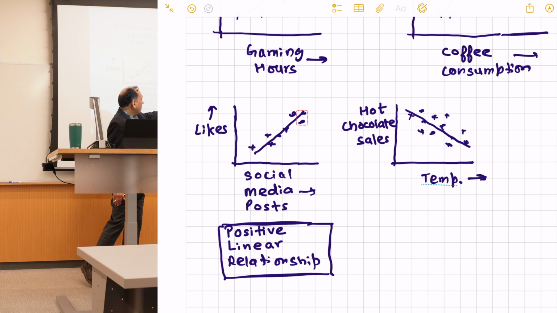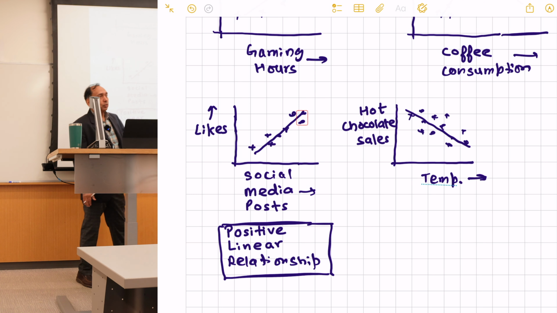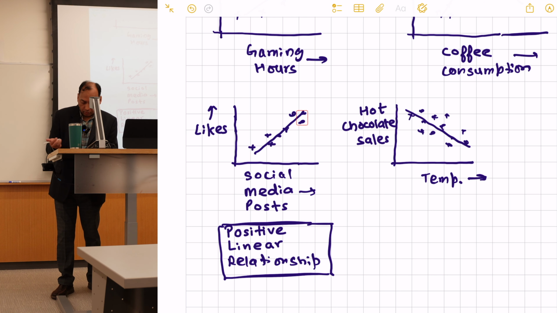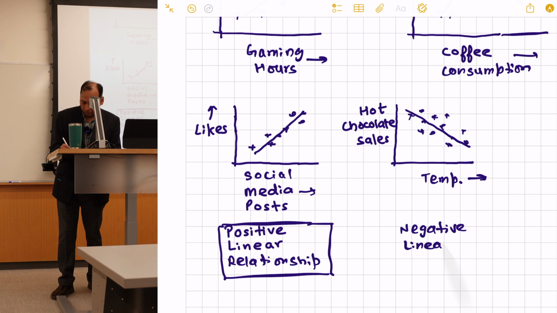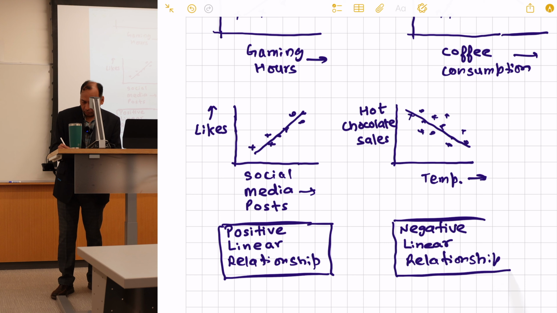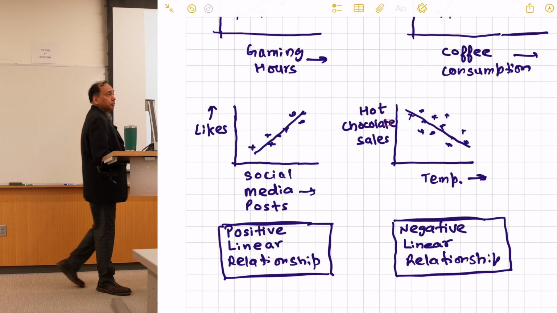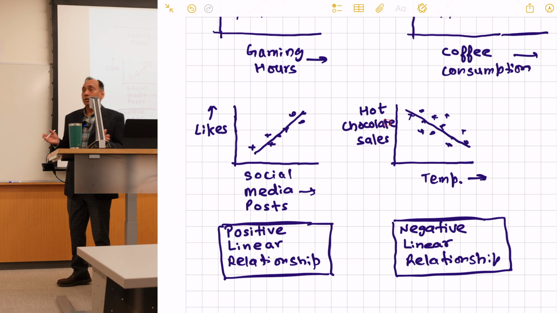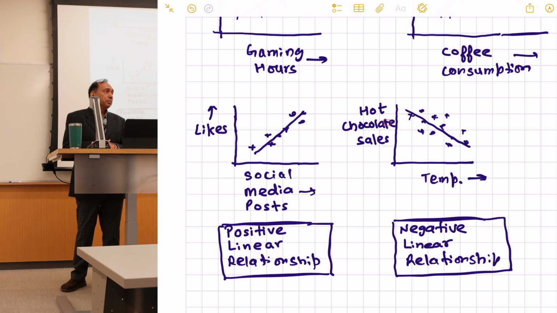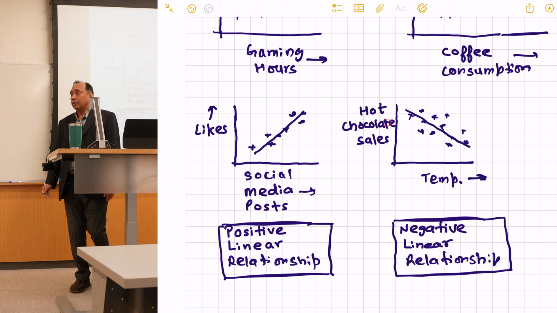So one goes up, the other falls down. So that is called a negative linear relationship. Another example could be if you drive your car at higher miles per hour, you may get less mileage out of it. So that is likely to be a negative relation.